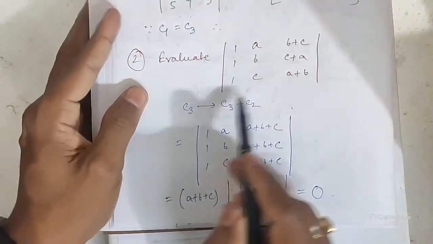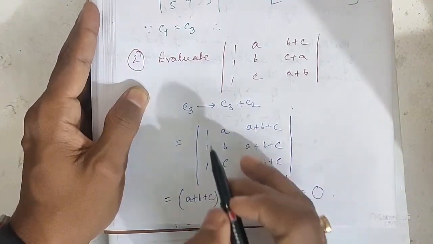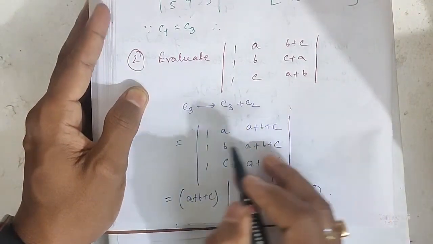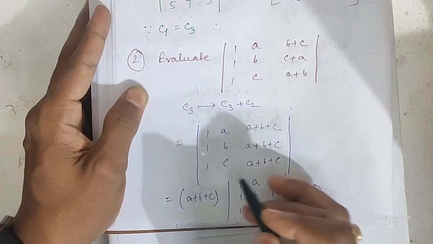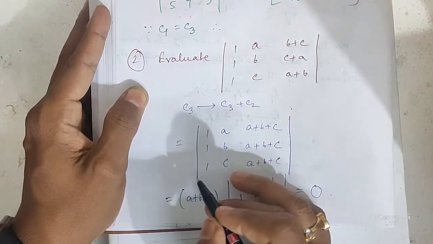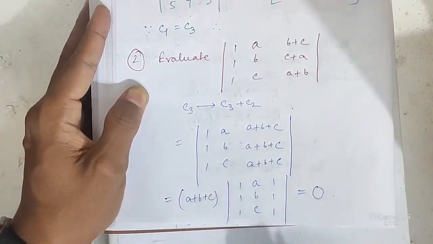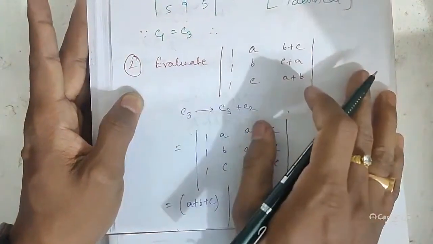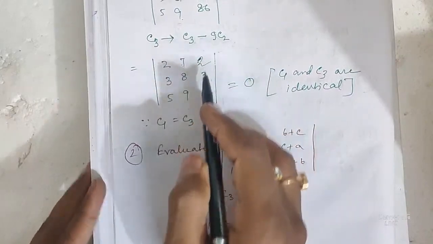Like this question I have done by this method. Now if I am applying here R2 minus R1 and R3 minus R1, then also one result you will get. Why minus we have done?